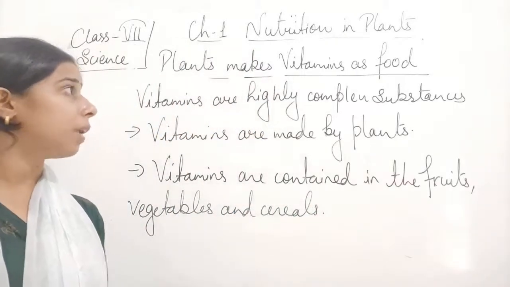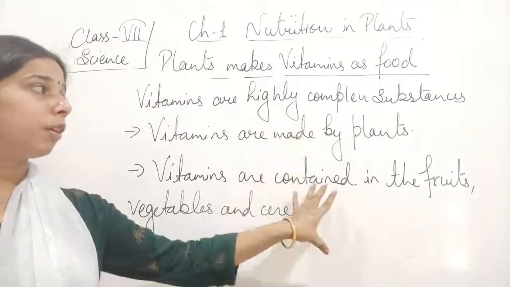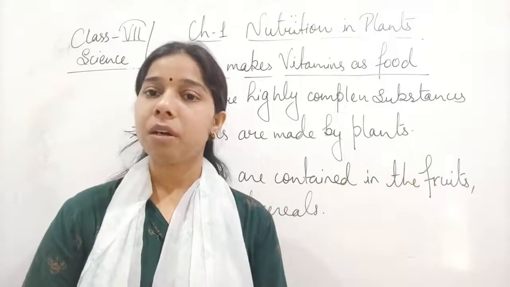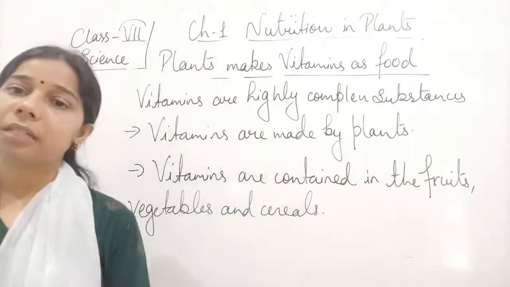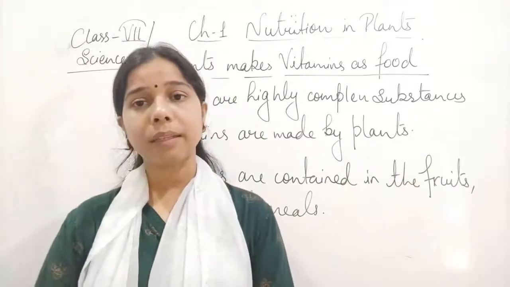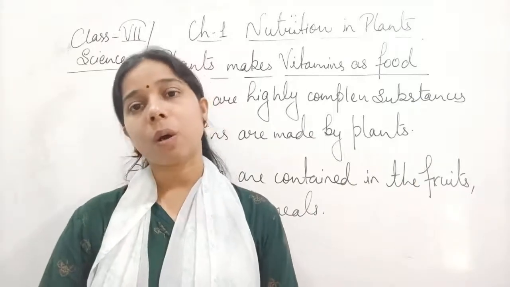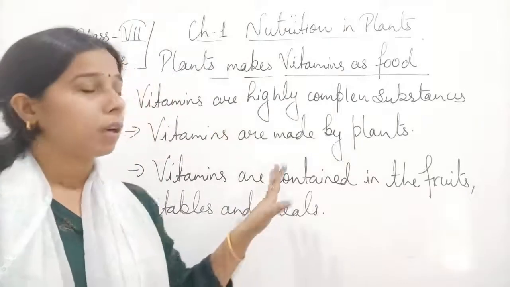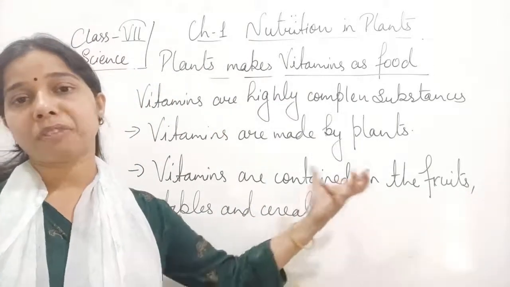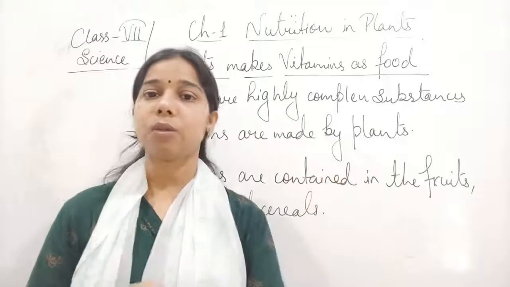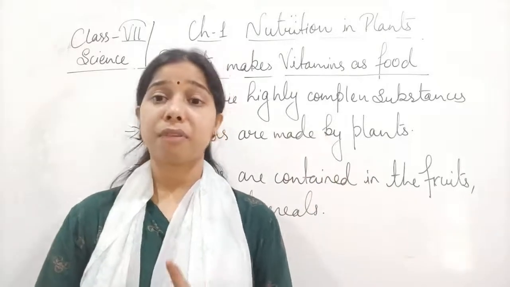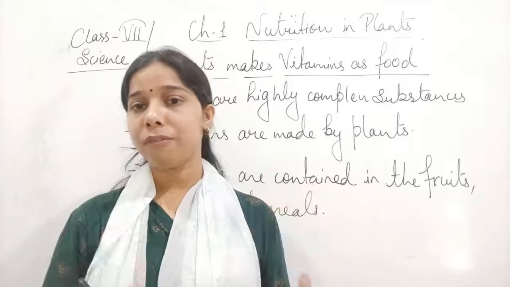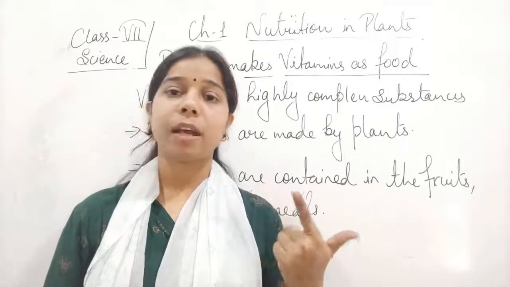So plants make vitamins as food, and vitamins are stored in all these parts of the plant. So you see, students, we have seen here that plants not only provide carbohydrate, but are also helpful in providing fats, protein, and vitamins. In the case of fat, we get it through oil, and it is stored in the same form, carbon, hydrogen and oxygen.